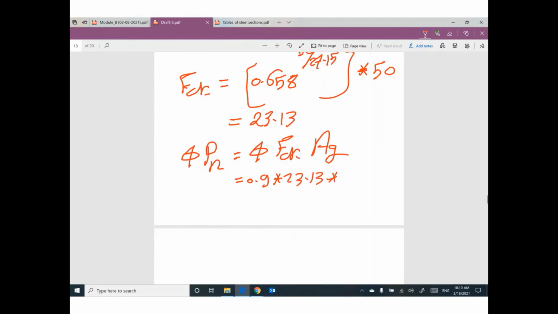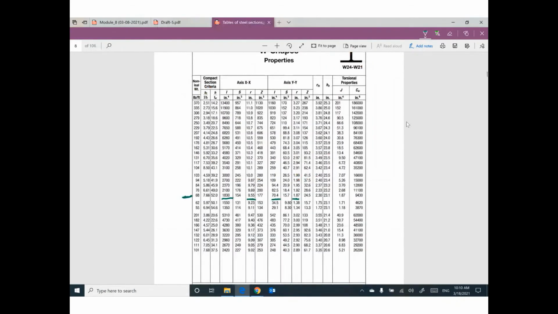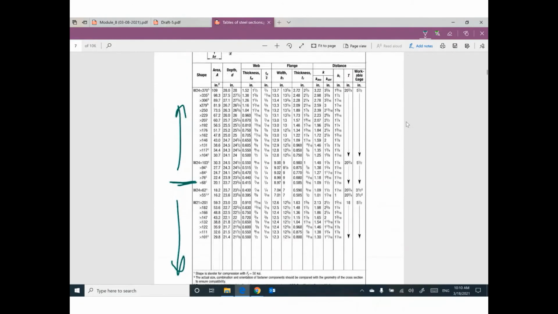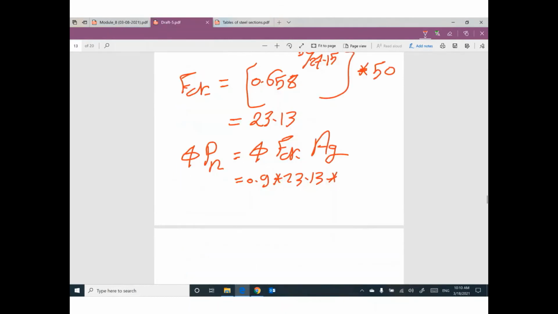What is the value of area gross? I forgot to bring it out. The assumed cross section has area gross equal 20.1. So your final answer will be 418.46 kip.